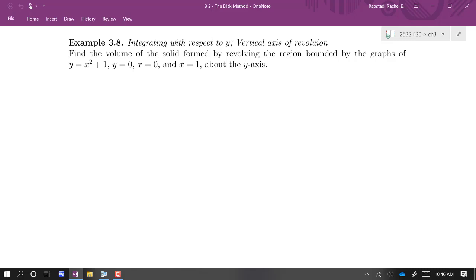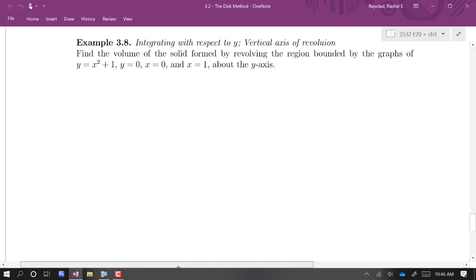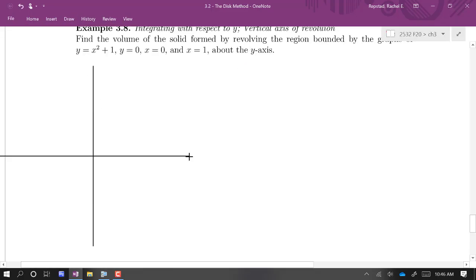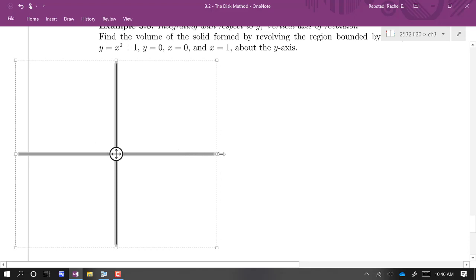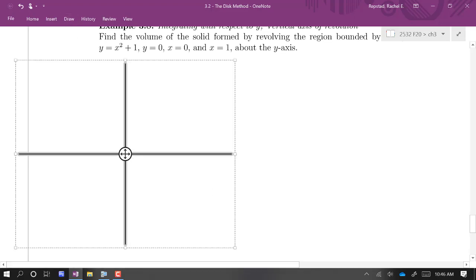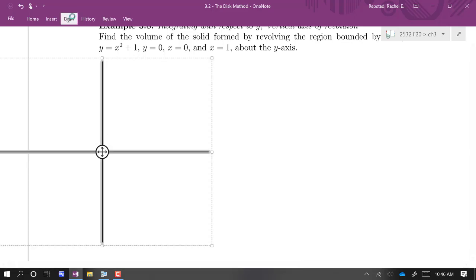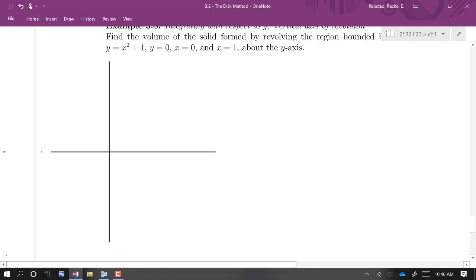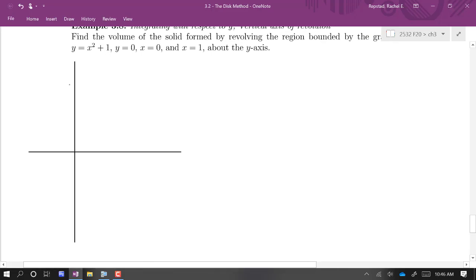Our first equation is y equals x squared plus 1. All right, so x squared plus 1. I'm going to kind of zoom in. This is mostly in the first quadrant because we see that it's bounded by y equals 0, x equals 0, and x equals 1.